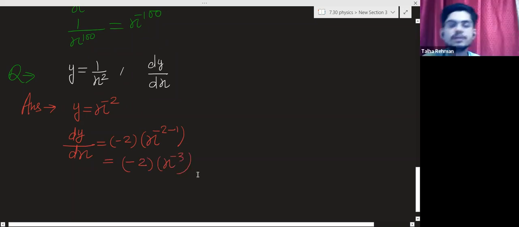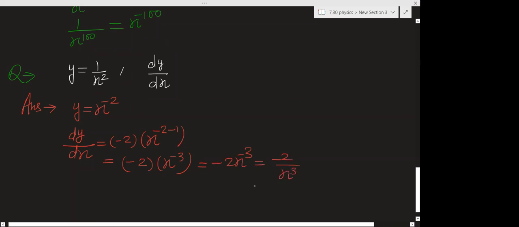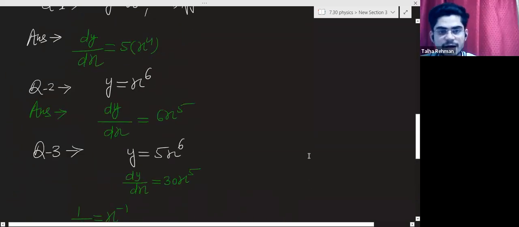So the answer is minus 2 into x to the power minus 3, and I can write x to the power minus 3 as 1 upon x cubed. This is the answer. And earlier what happened?